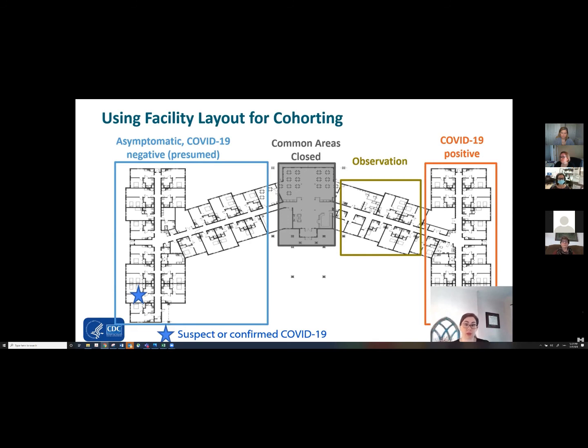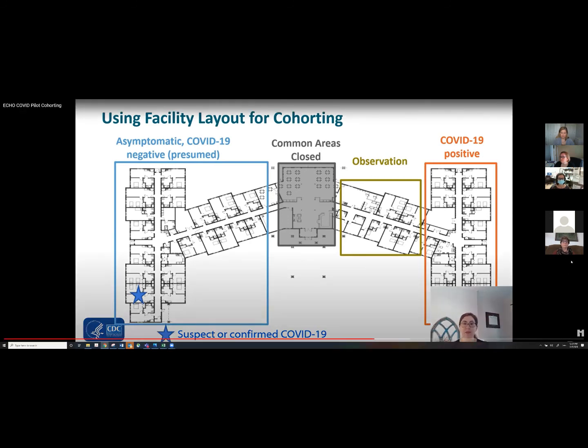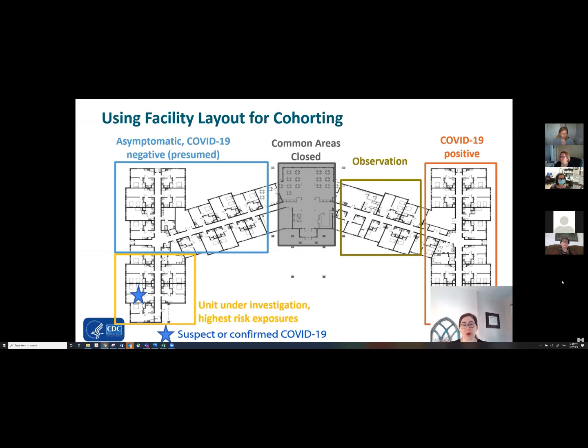But again, we know that's not always possible. So if you need to limit or focus on a unit, you want to focus on the unit where that individual with COVID-19 was newly identified, because this is the unit where there is the highest risk of exposures, or where the highest risk exposures have likely occurred.